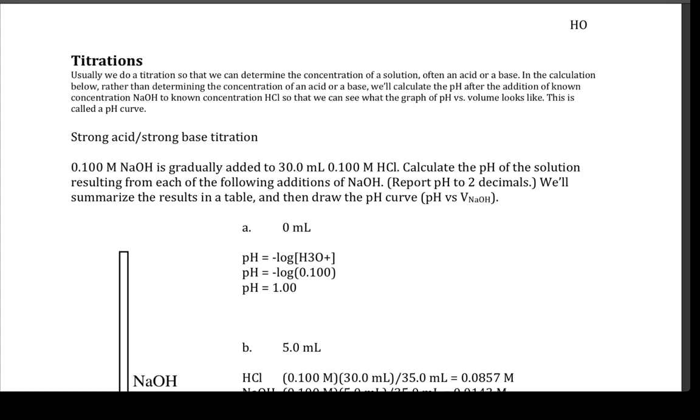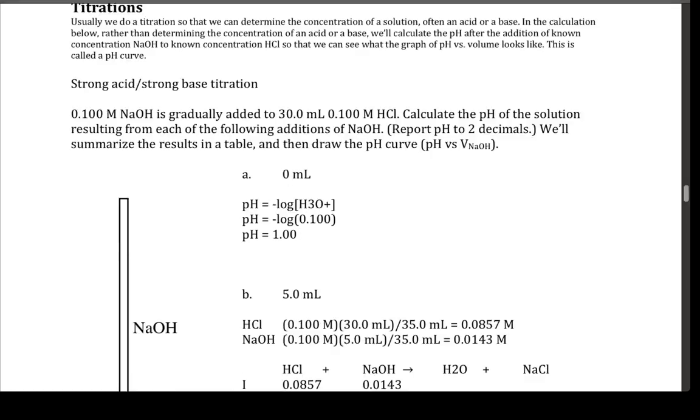After addition of base, we're just calculating what the pH is so that we can generate pH data, volume data, and make a graph of it. And this is a strong acid, strong base titration because we have HCl, a strong acid, and NaOH, a strong base.